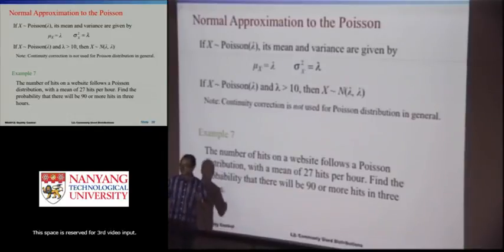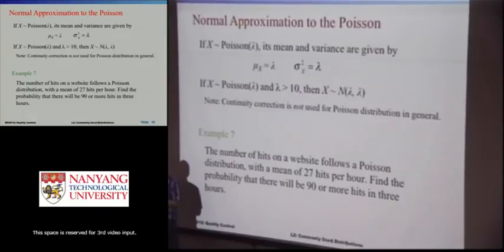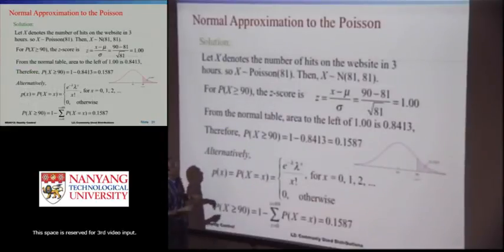So in 3 hours, on average, how many hits do we have? 27 times 3, right, is 81. So then we know that it satisfies the Poisson distribution with the parameter 81. So we can just stop here.